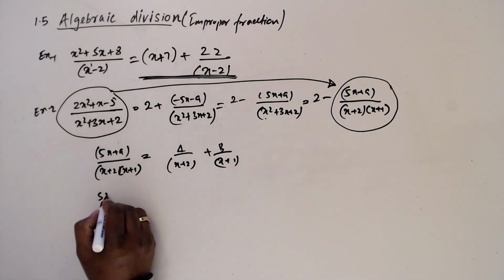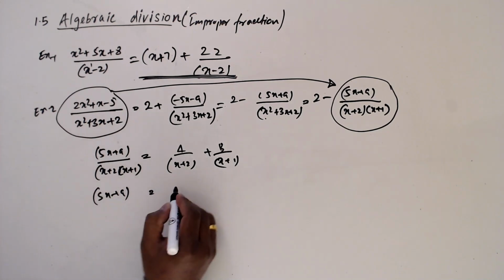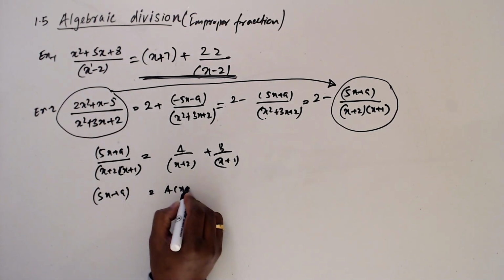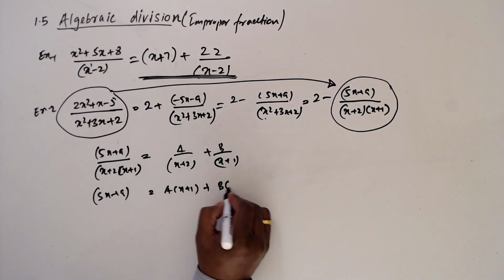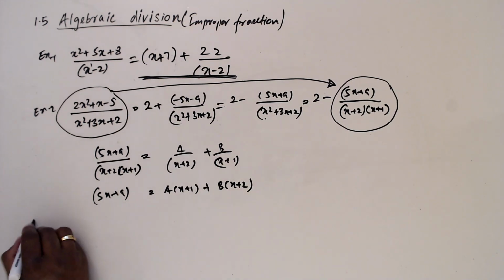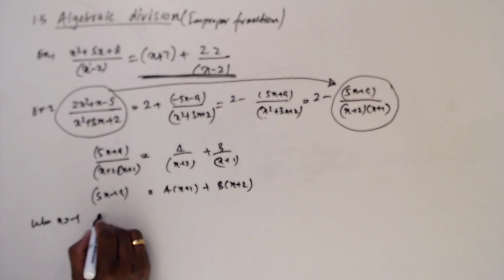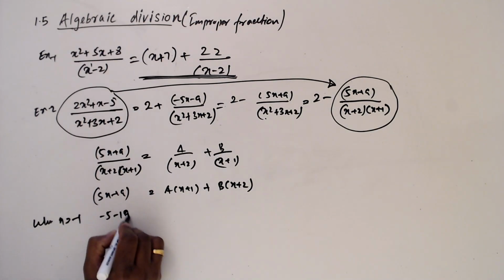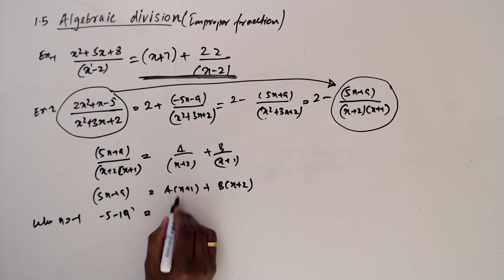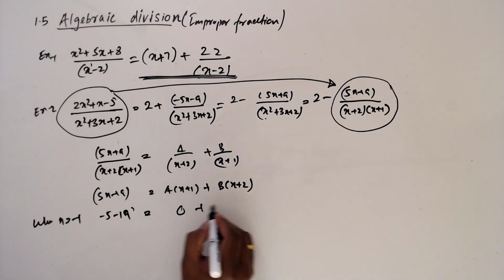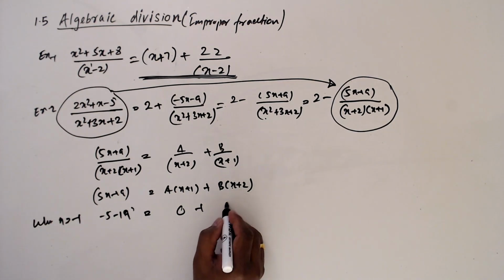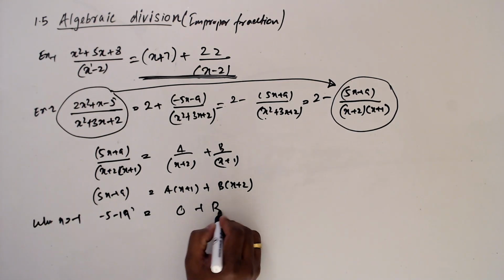Now you can write 5x plus 9 equal a times x plus 1 plus b times x plus 2. When x equal minus 1, this is minus 5 plus 9, this is 0, plus this is going to be minus 1 plus 2 plus 1, so this is b.